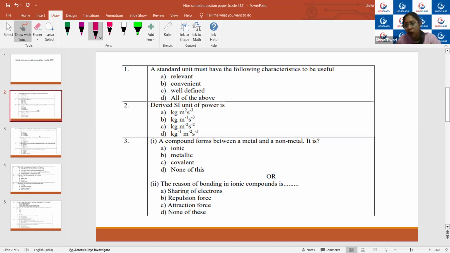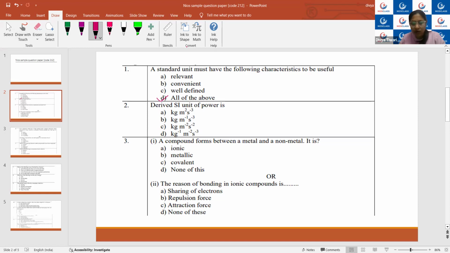That means it should not be too big or too small, and it should have a proper definition and be convenient. As you can see here, A, B and C are all elements of the definition, so D will be the answer for this question. That means a standard unit must have all the above three characteristics, and then it is going to benefit us.